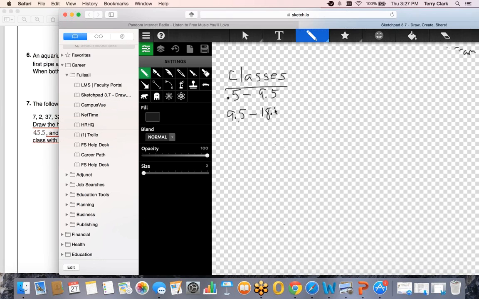Okay. Now, when we finish this, we're going to know the common theme between all of these categories is going to be 9. So now we're going to put 18.5. If it's not 9, there's something wrong. 27.5.